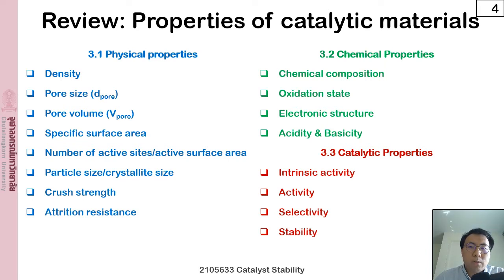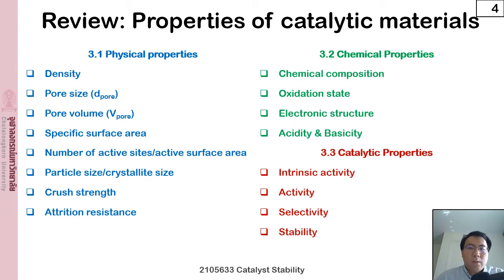As we see, there are four important properties in chemical properties. An important property is the oxidation state, in which if you have the same element but different oxidation states, you will have different catalytic activities. Also, there are the electronic structure and acidity and basicity.